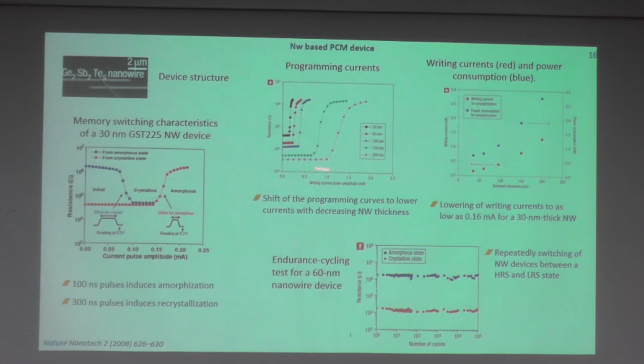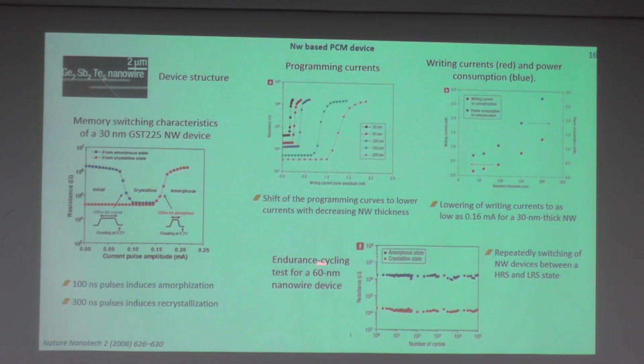So the programming currents shift to lower currents with decreasing nanowire diameter. Also, there is a lowering of writing currents with decreasing nanowire diameter, like for 30 nanometers. So here we have low writing currents.